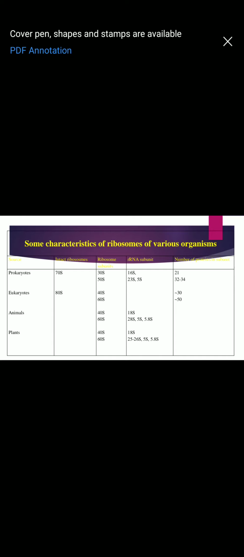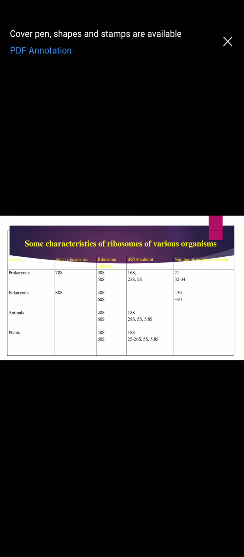So if we compare the 70S and 80S ribosomes, what we will say? The 80S ribosome is larger than the 70S. So they contain a large number of proteins. 70 to 80 different types of proteins are seen in the 80S ribosomes instead of 53 which are present in the 70S ribosomes.